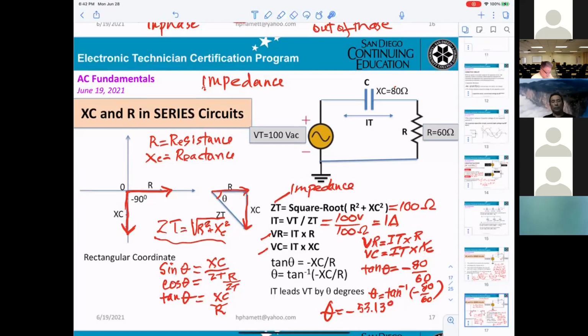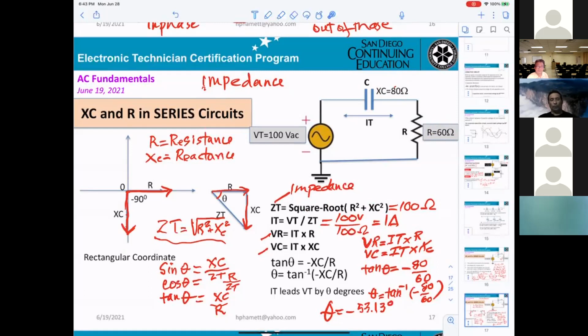And basically this is the total impedance Z. So using Pythagoras, you can calculate Z equals the square root of R squared plus XC squared. That's only telling you one thing: why the 80 ohm and 60 ohm, we cannot add to get a total.